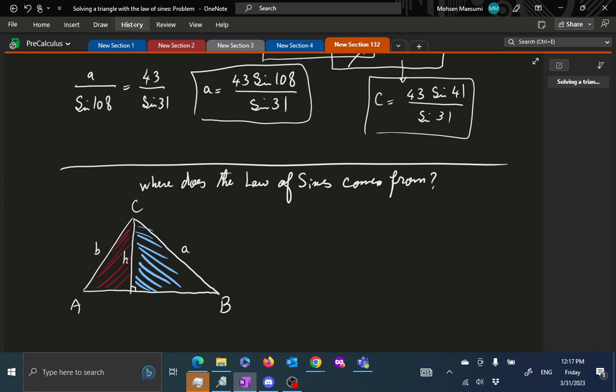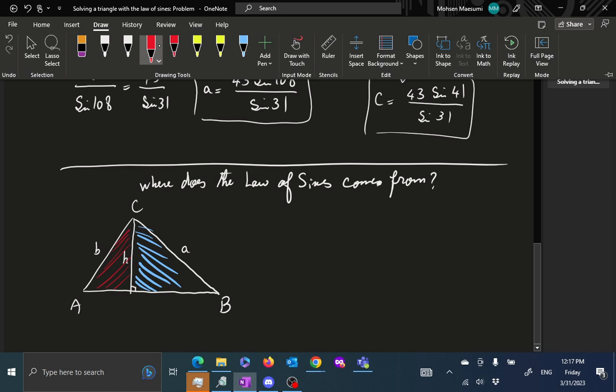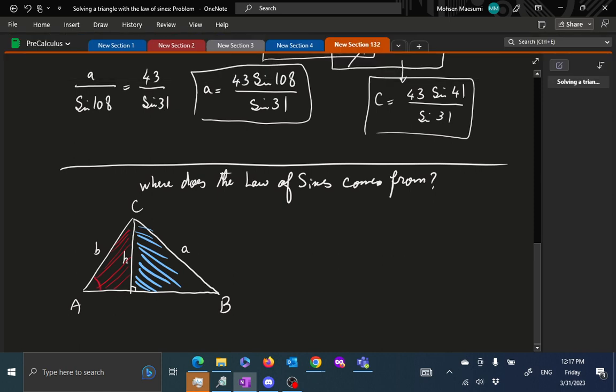In the red triangle, what can I say? Okay, this is the angle. I can say sine of A is equal to H, its opposite, divided by hypotenuse, which is B. Therefore, H is equal to B sine of A. How about the blue one?